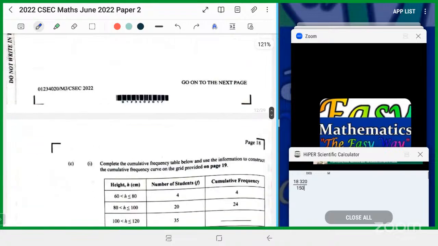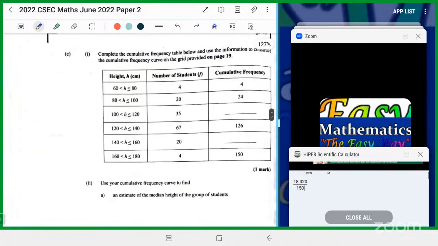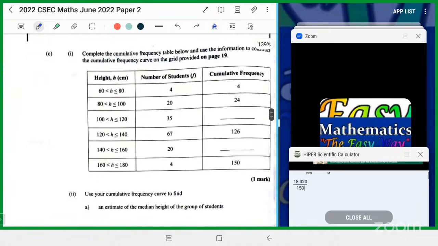All right, let's continue. Down here now, they said, complete the cumulative frequency table below and use the information to construct the cumulative frequency curve. So this one now we are going from table to curve. Remember, you have to learn how to go from curve to table too. You pull the table apart, get the individual frequencies, and populate the table from the curve.